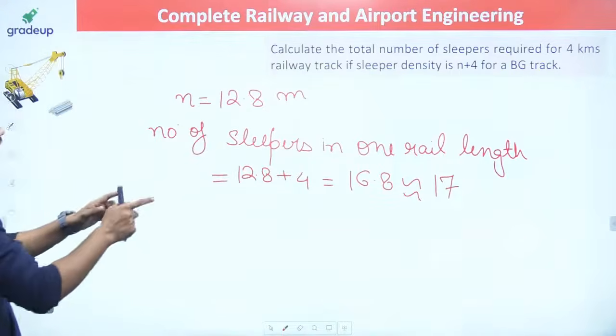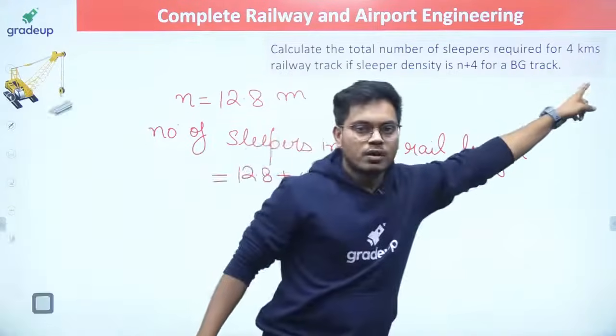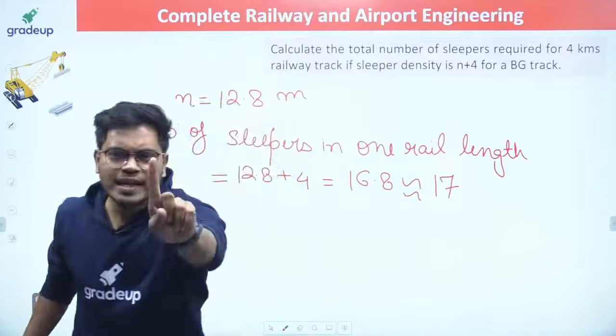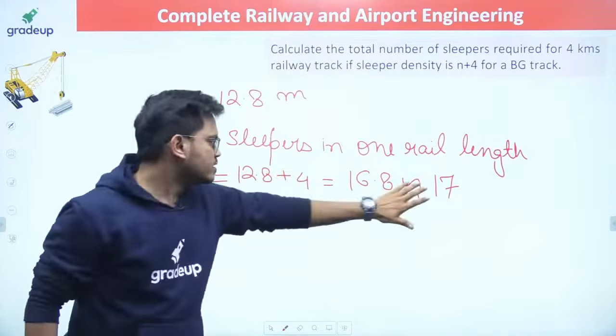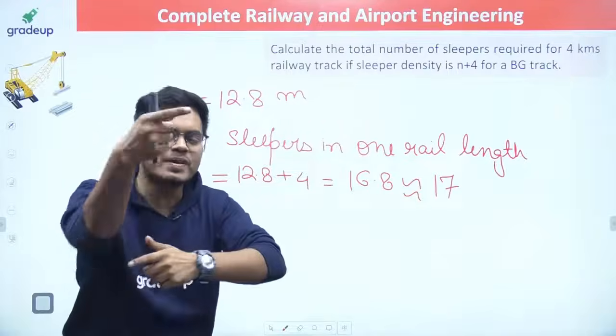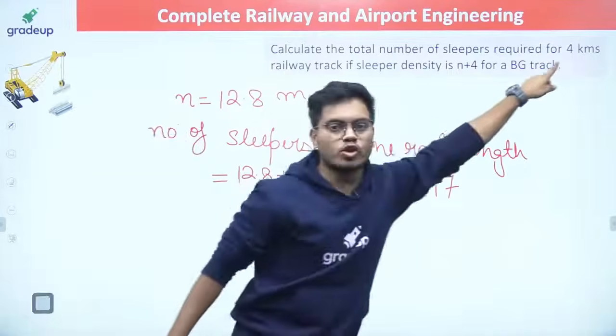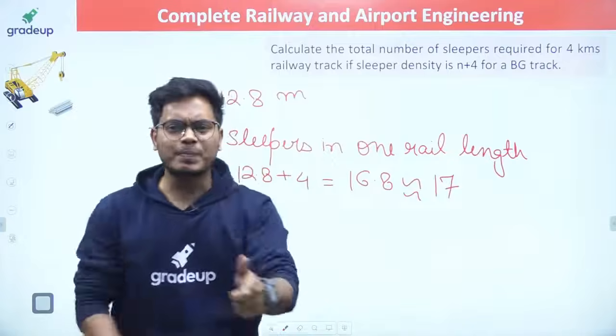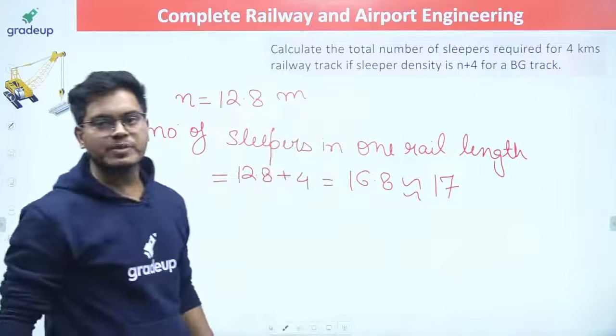I have 4 kilometers. If in one rail length I am using 17 sleepers, how many sleepers will I place in 4 kilometers? Unitary method, please apply right now. Let's see who will give me the first answer.